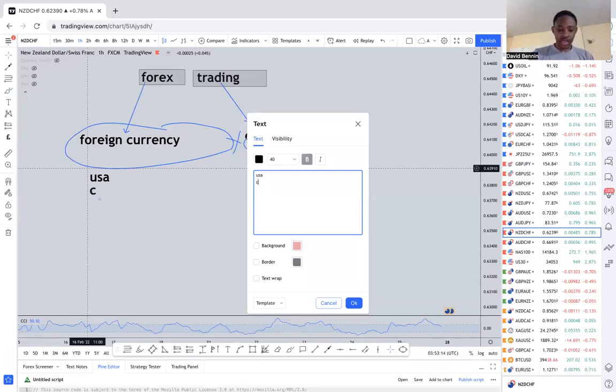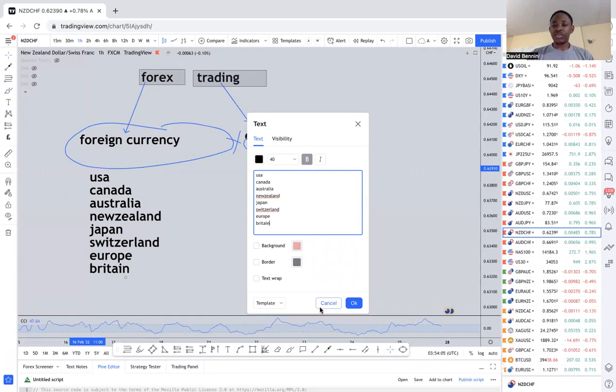We have USA, Canada, Australia, New Zealand, Japan, Switzerland, Europe, and then Britain or the United Kingdom. So these are the countries whose currency we trade.